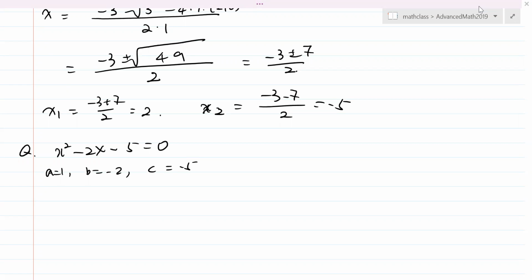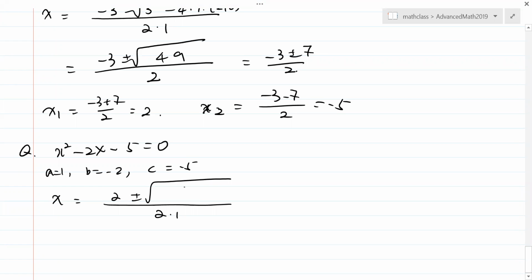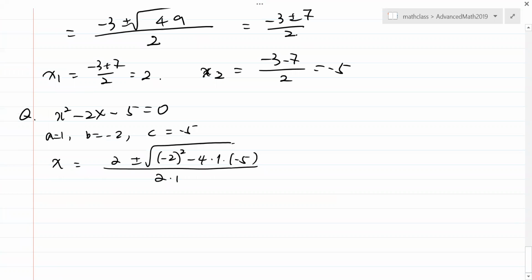Okay, so let's look at it. The solution by the quadratic formula is over 2 times 1 here. Negative b is positive. Negative 2 is positive 2. Plus minus the square root of b squared minus 4ac. Okay, then you simplify.